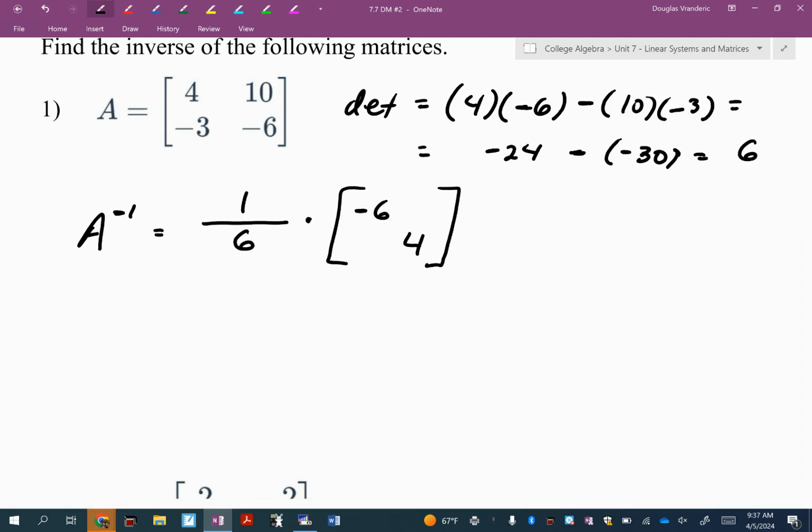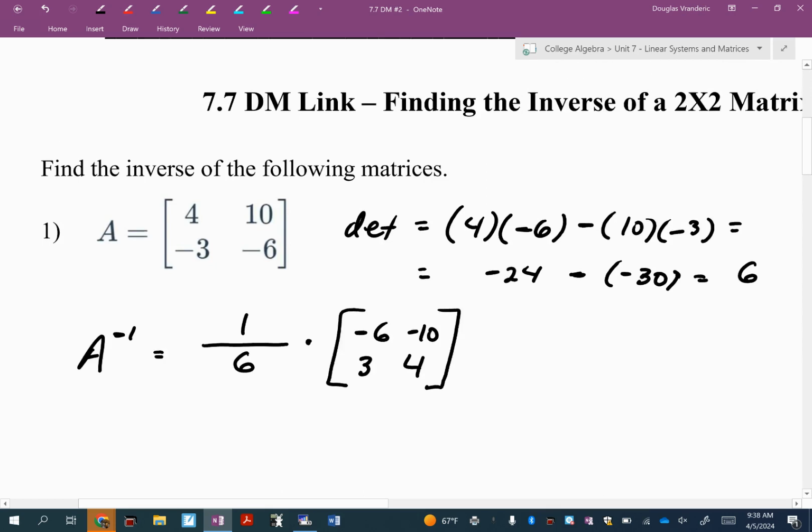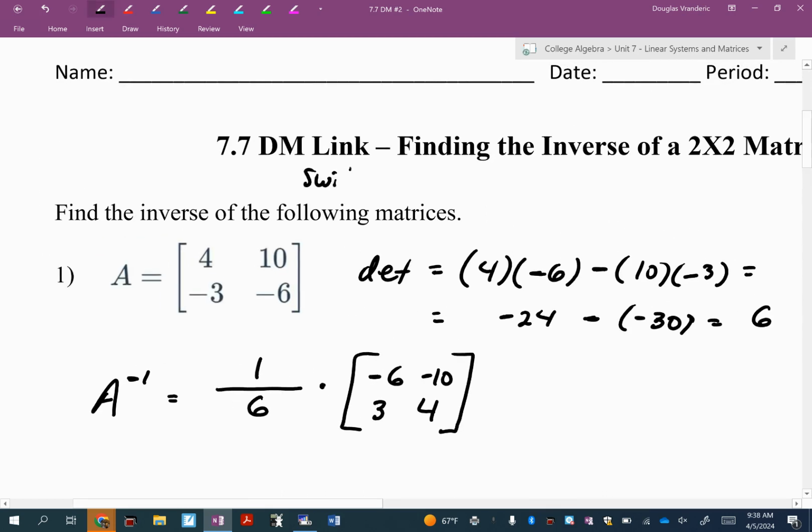The other diagonal, this is the hardest part, stays there, but their signs are going to be the opposite. So instead of writing a 10 right here, I'm going to write -10. Instead of writing a -3 here, I'm going to write a +3. One way you can memorize that is to think "switch ops."